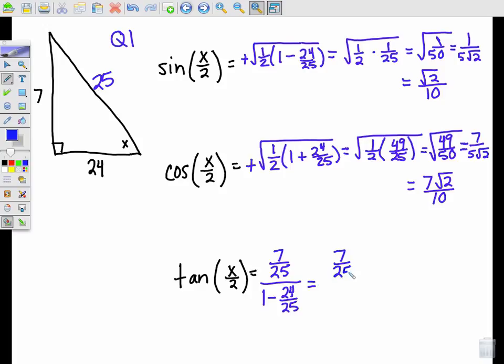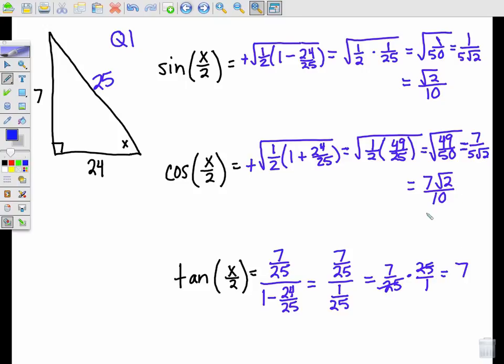This equals 7/25 over 1/25, multiplied by the reciprocal, 7/25 times 25 over 1, and we simply get 7. So 7 is the solution here.